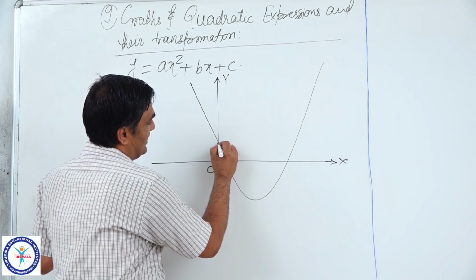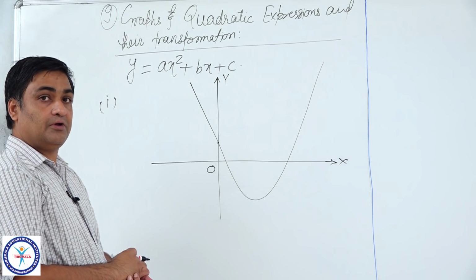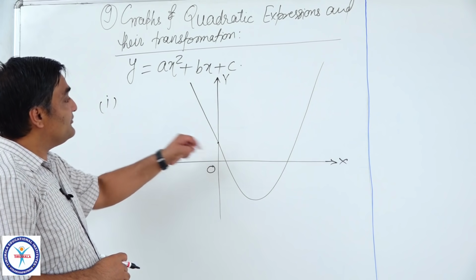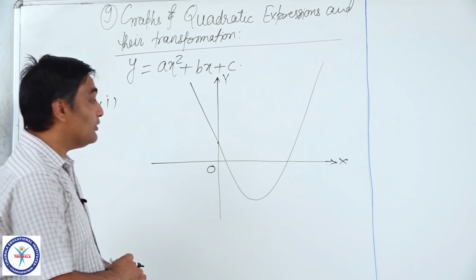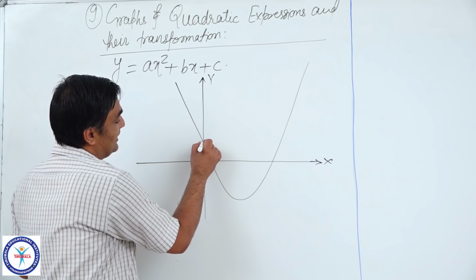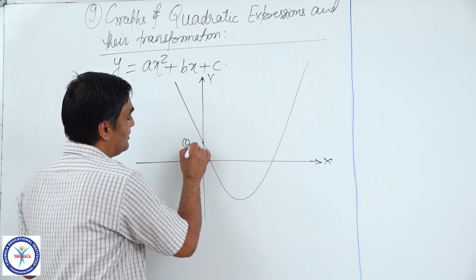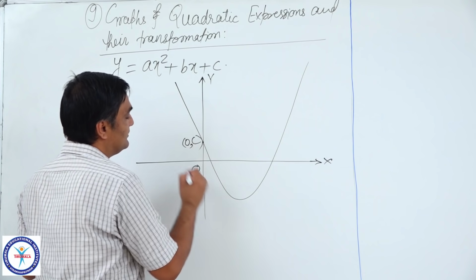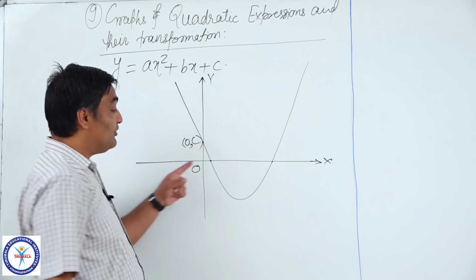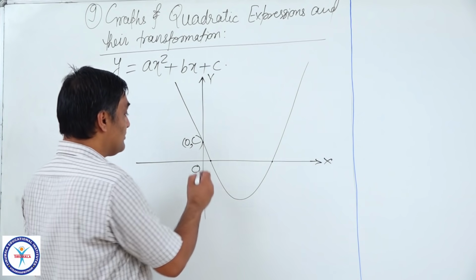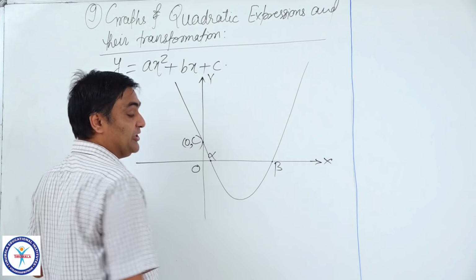Now, if we look at this point, it is on the y-axis, so its x-coordinate will be 0. So, we can write the coordinate of this point as (0, c). Here y is 0, means roots of the quadratic equation, alpha, beta.